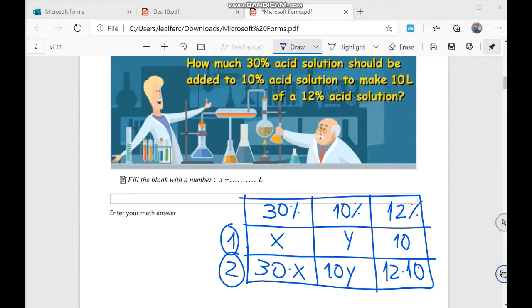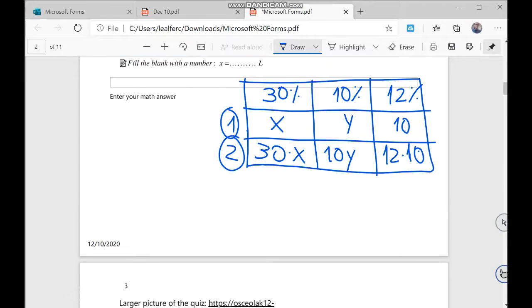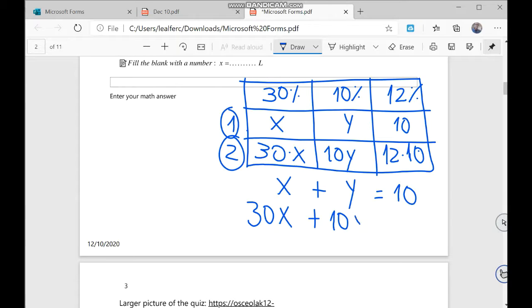After you work on the table, then we write the equations. Equation number 1 is x plus y equals 10, right? And equation number 2 is 30x plus 10y equals 12 times 10, 120.